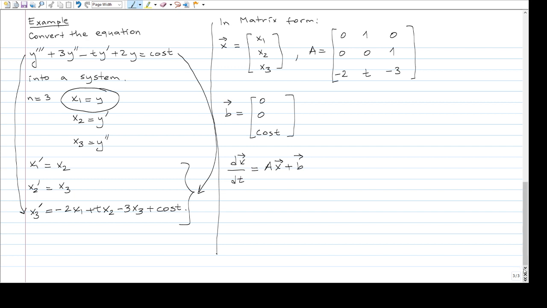Okay, so let's write this matrix form for nth order ODE.